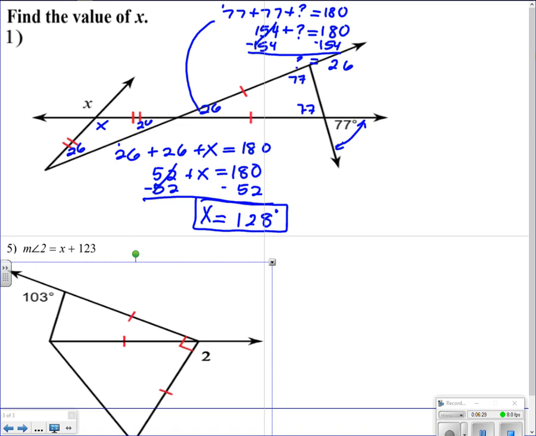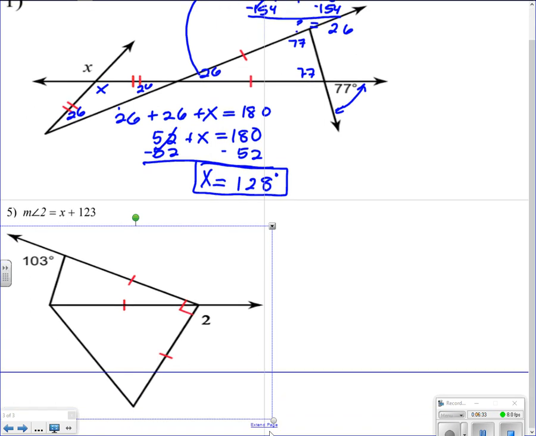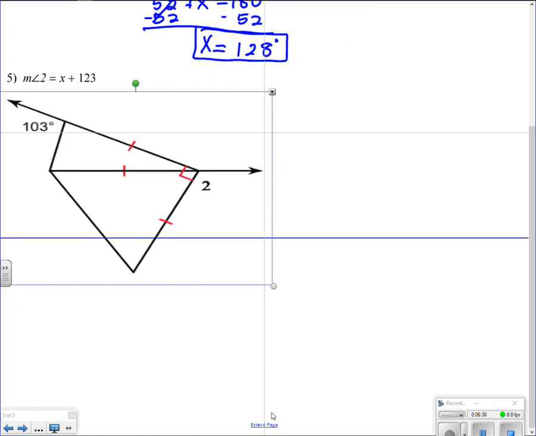Okay, problem number 5. What I'm going to do is cross out the number 2. Determine the angle measurement, where angle 2 is x plus 23. I'm going to cross this out, and here I'm going to put in x plus 123.